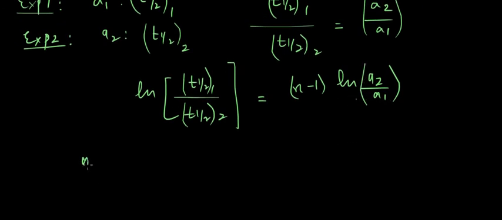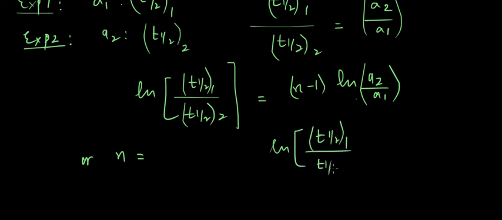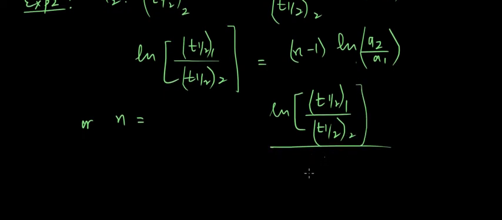So we can write n equals ln of T half 1 upon T half 2 divided by ln A2 upon A1, plus 1. With this we can calculate the order of the reaction.